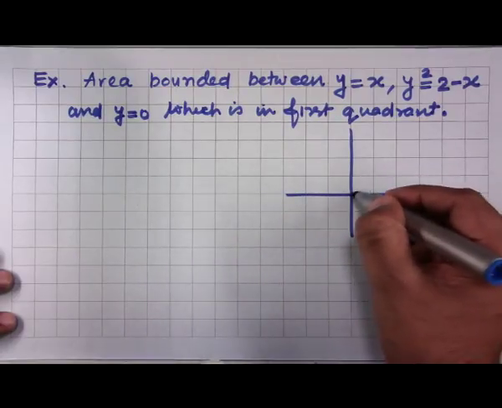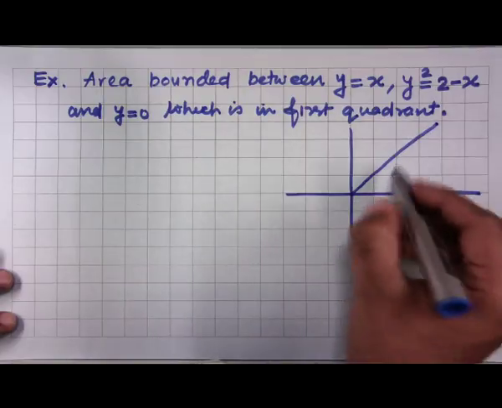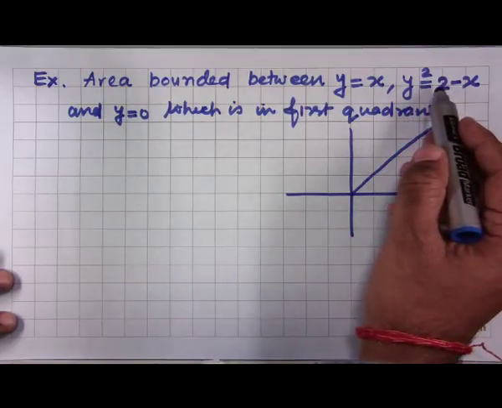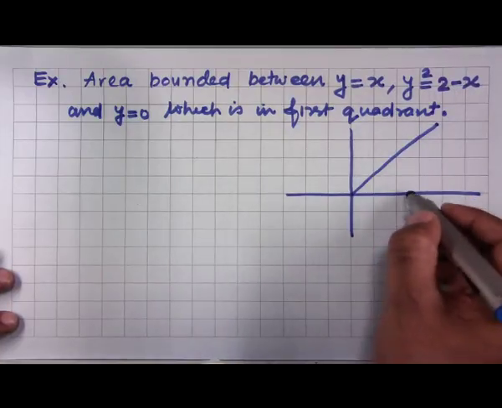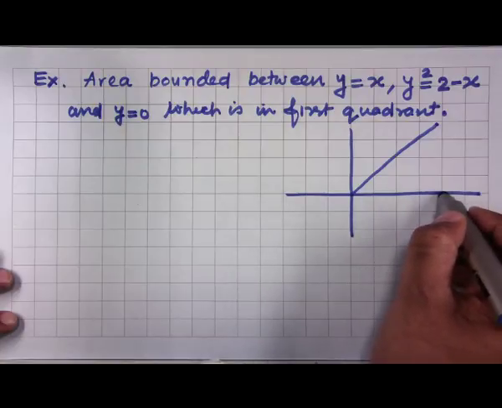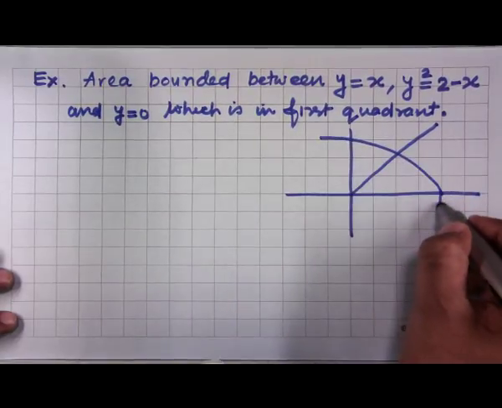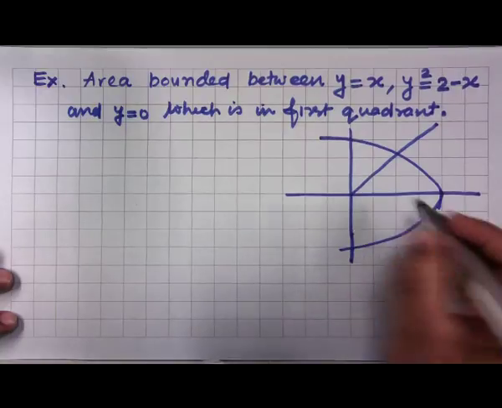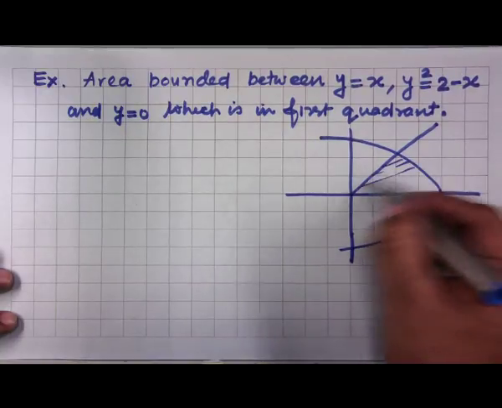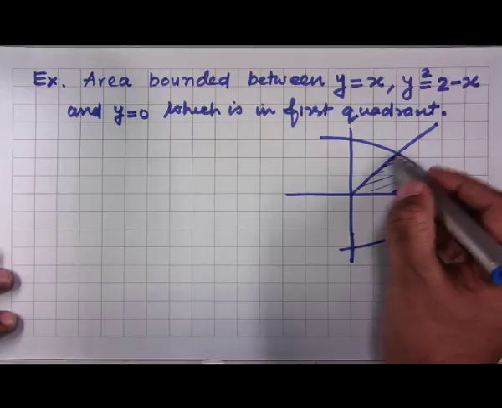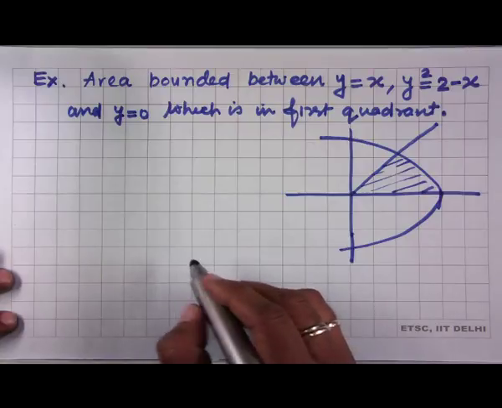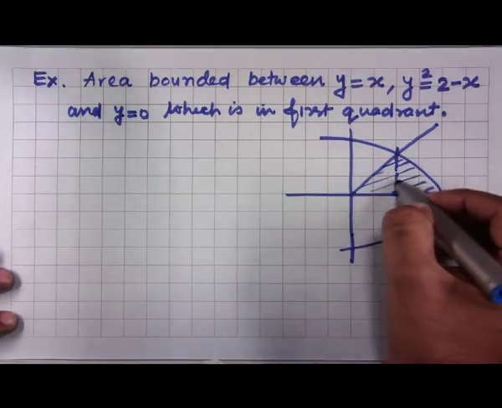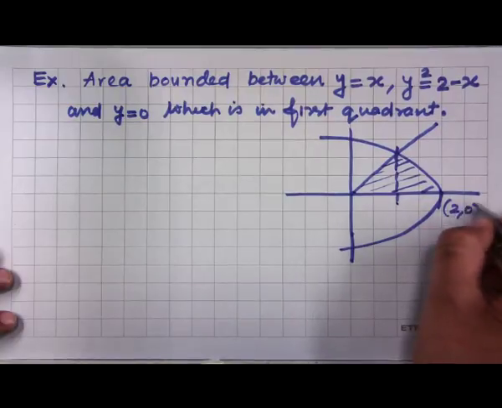Y equals to x is this line, and y square equals to 2 minus x is a parabola whose vertex is 2 comma 0. So, we have this kind of situation, and the required area is this. The area bounded between the line, the parabola, y equals to 0, and which is lying in the first quadrant. So, to solve this integral, this is 2 comma 0, this is 0 0.